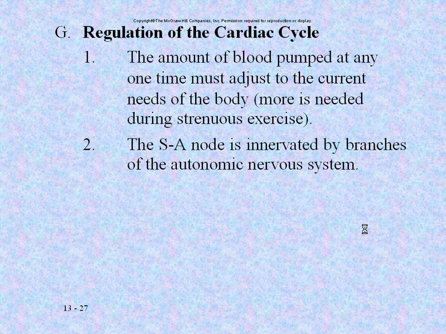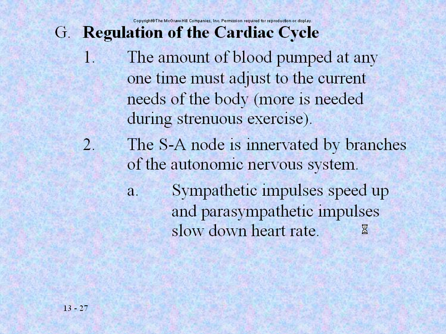It stimulates it with the autonomic nervous system. Remember, that's kind of the automatic branch of the nervous system that's involuntary. And sympathetic stimulation to the SA node will speed up the heart, right, if you're stressed out or something. Parasympathetic, the phrase that goes with parasympathetic is rest and digest. And so when you're doing those activities, you want to slow down the heart rate.